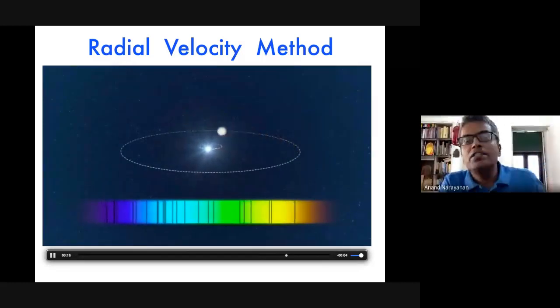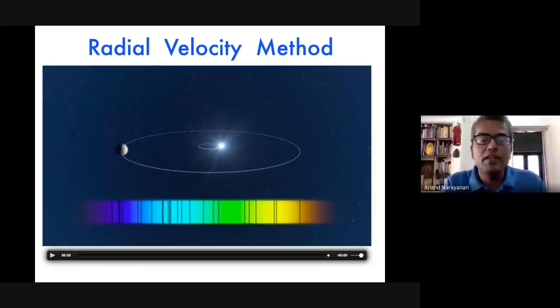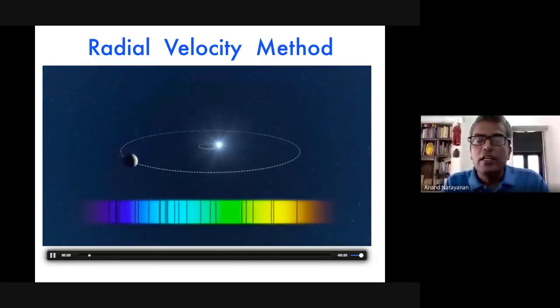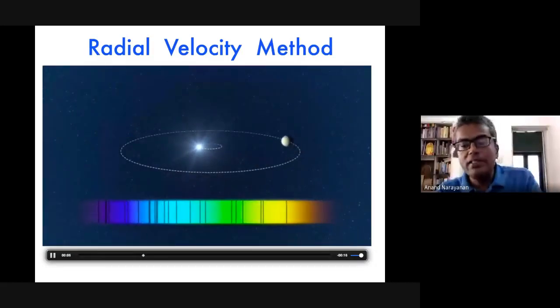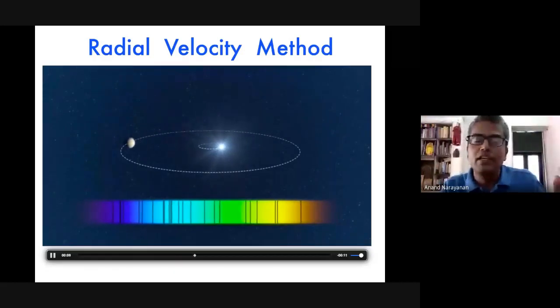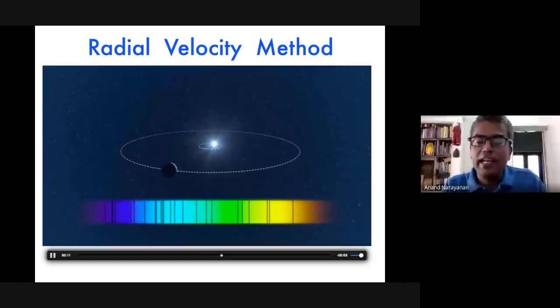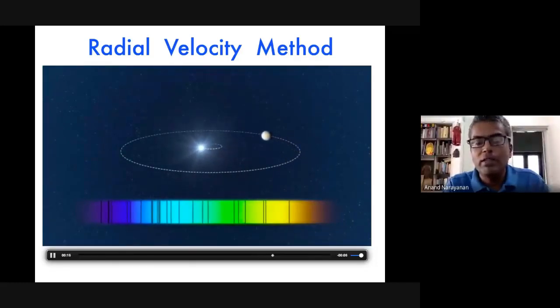So by measuring the shifting in the light pattern in the spectrum of stars, astronomers can infer that there is a planet orbiting around it. The bigger the shift in light pattern, the more massive the planet is. The smaller the shift in light pattern, the smaller the extrasolar planet is.